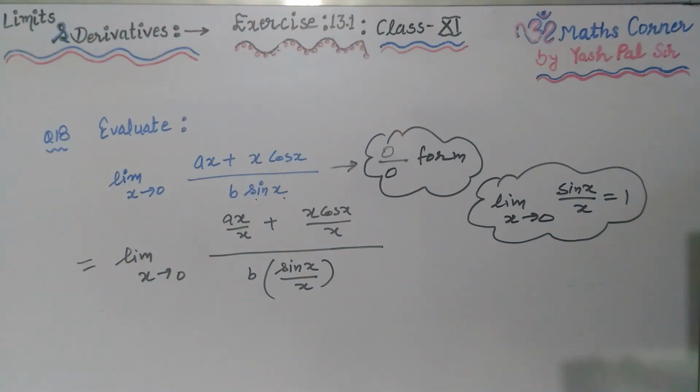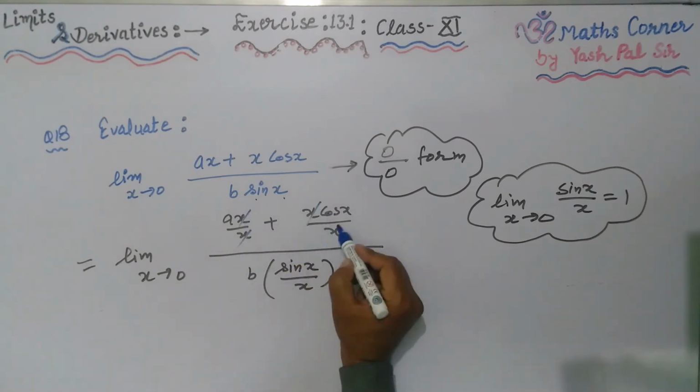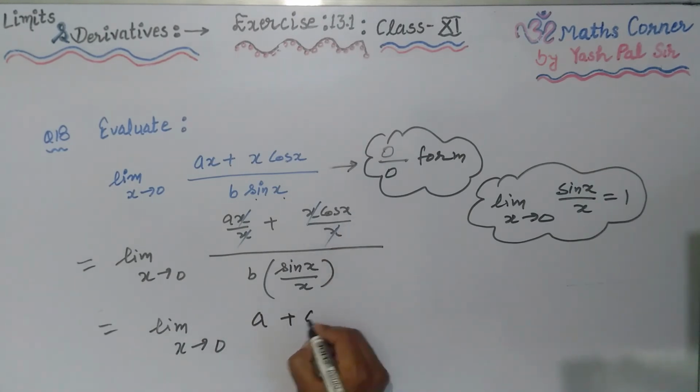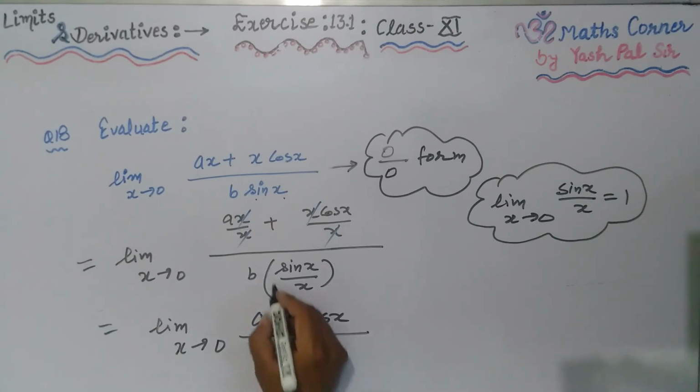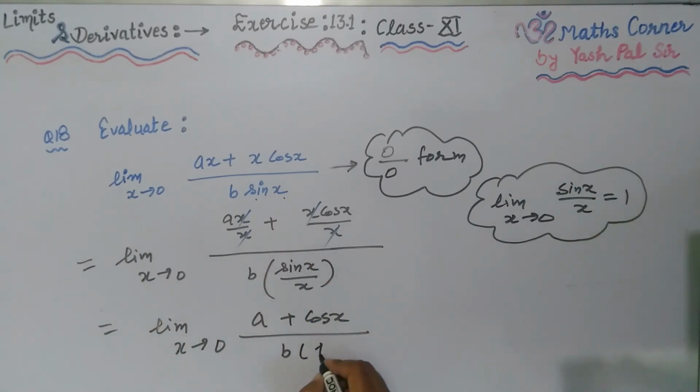So now this ax upon x is cancelled, and here x is cancelled. Next we are left with limit x approaches 0 of x plus cos of x, and in the denominator b into this whole, which reduces to 1, so b into 1.